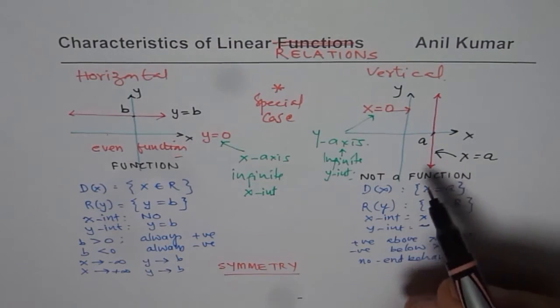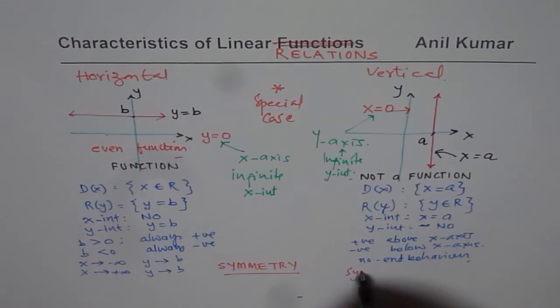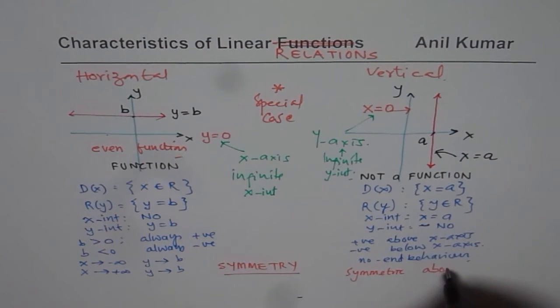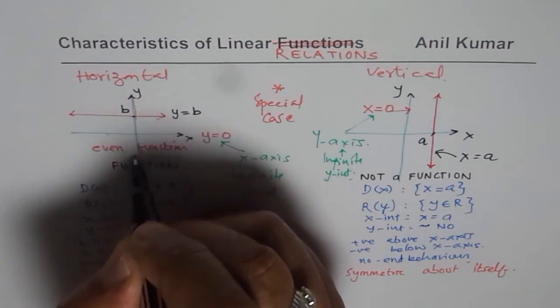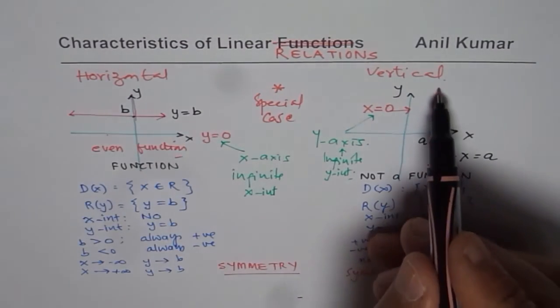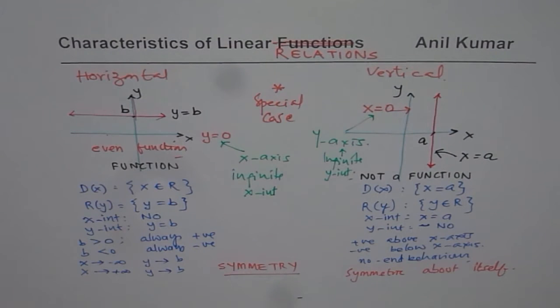However, this line is symmetric about itself. What I'm trying to say by itself is that this line is symmetric about the y-axis. Do you see this y-axis? But here it is symmetric about the line, which is the line itself.